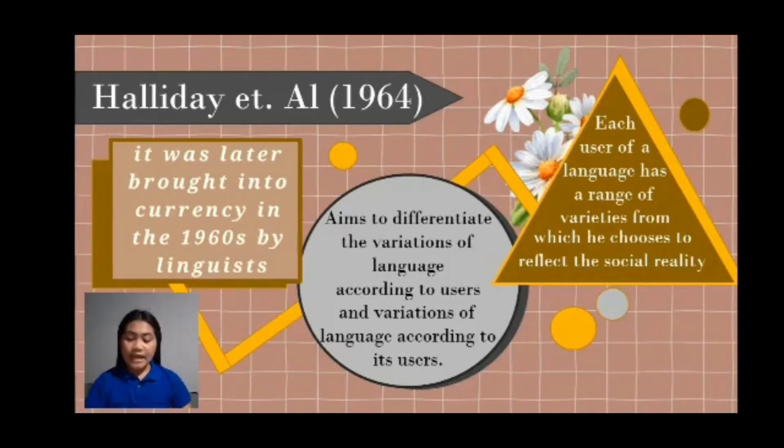In addition, each user of a language has a range of varieties from which he or she chooses to reflect the social reality. For example, if you are trying to interact with a doctor, you should be formal upon interacting with him.